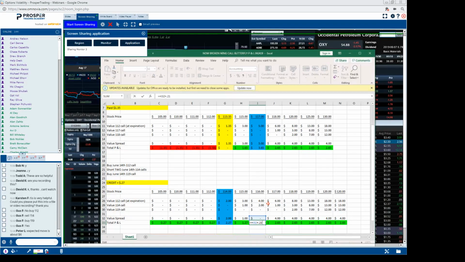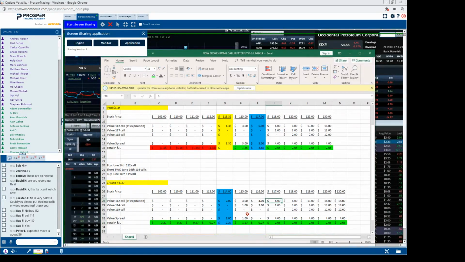So the entire spread, the broken wing fly, is worth 0 at that point, but we still had our credit. Okay, so we're still in the green there, but now watch what happens.